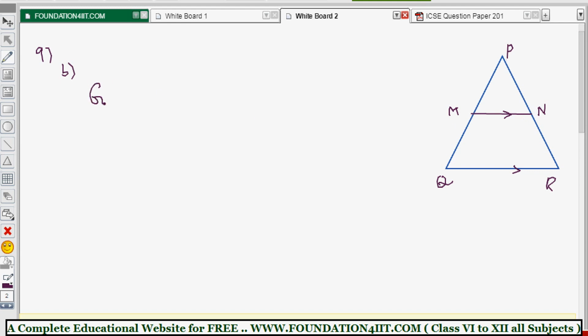And given PM by MQ is equal to 2 by 3. So that implies, based on this, PM by PQ, that is P to M by the total PQ, is 2 plus 3, that means 5. So given PM by MQ is 2 by 3, then PM by PQ is 2 by 5, because 2 plus 3 is 5.